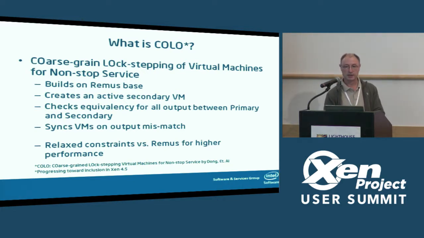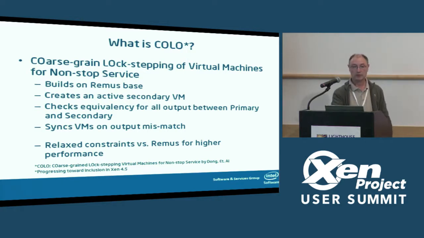So if it's an equivalent response, then we release one to the client, and if it's not, then that's the point that we have to do a checkpoint. So that's why we call it coarse grain. The grain is the size of these failures to match.